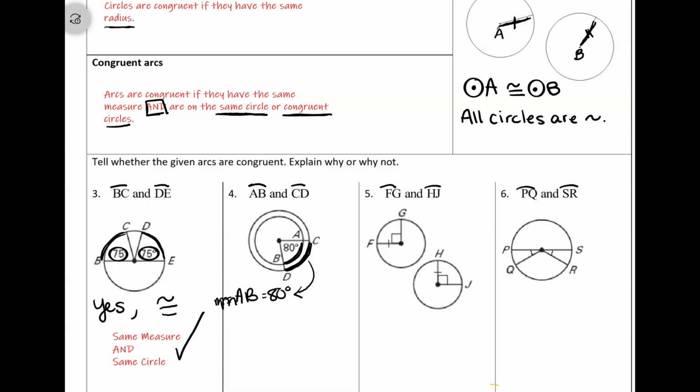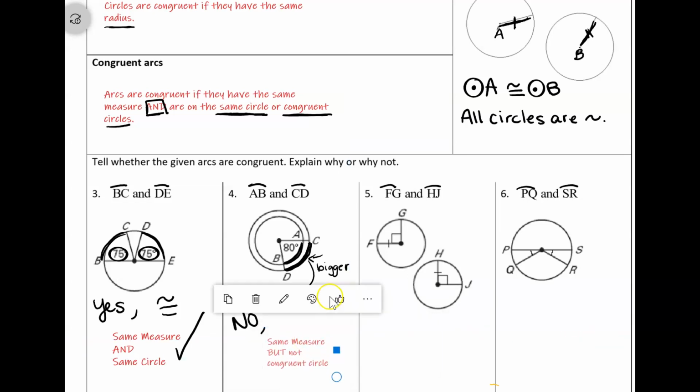So does CD. They're both equal to 80 degrees. That's the measure of the arc, but the arcs are not congruent. You can clearly see that CD is bigger than AB. Therefore, this one is a no, and you get to see why the and is so important.